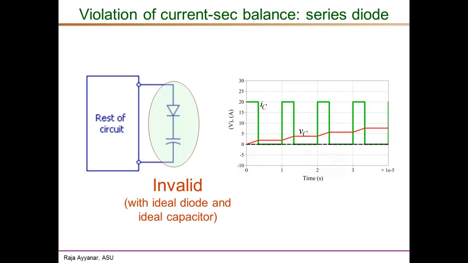The dual of that in the capacitor case is, if we have a diode in series with a capacitor, then this circuit will not result in a DC steady state, because this diode would only allow a positive current into the capacitor, charging it, but it will not allow a negative discharging current. Therefore, the IC average will not be 0, it will be positive if I define the current to be positive entering the capacitor.